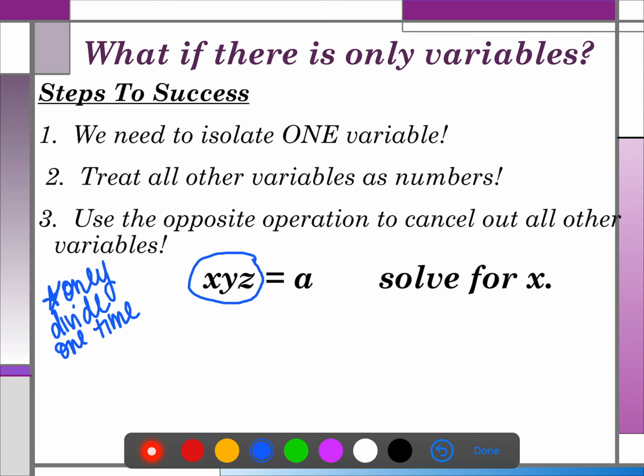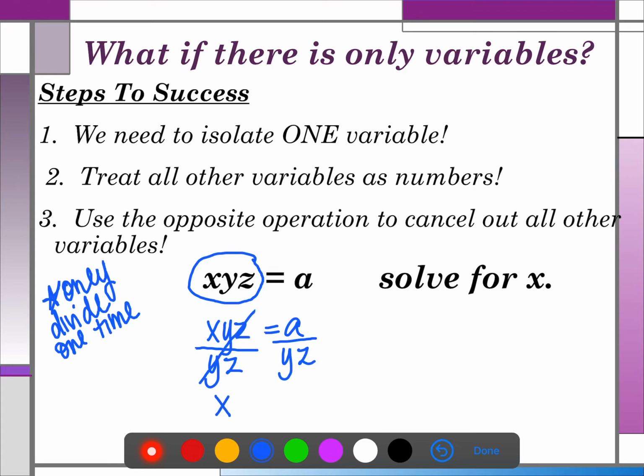So instead, you can actually take two variables at a time because they're all doing the same operation. So the y and the z are what I have to move, and they're both being multiplied, which means I can divide them out at the same time.